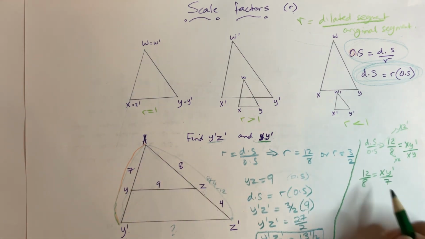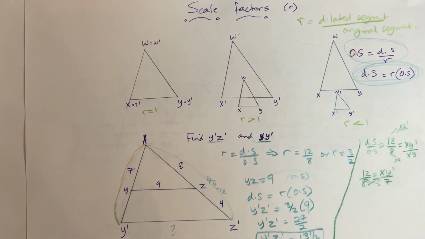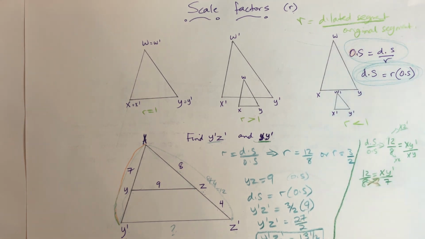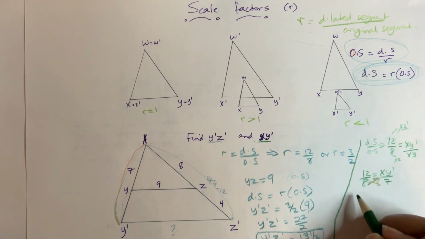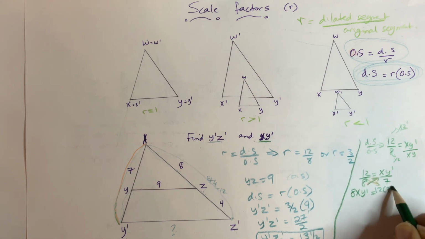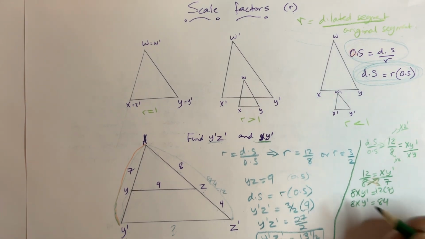All right, we can cross multiply this, and when we cross multiply, this is basic math. We cross multiply when we are working with proportion. So we have 8 XY prime is equal to 12 times 7, which we know is 84. So XY prime is equal to 84 over 8.